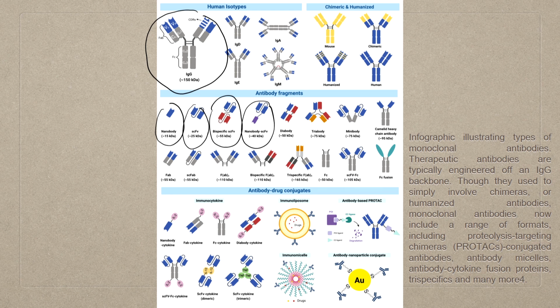This slide will give you an idea what are chimeric and humanized antibodies, human antibodies, chimeric antibodies, like you are integrating mice and a human, you are making chimeras. Then you have tribodies, diabodies, minibodies, camelid heavy chain antibodies, and then you have FAB fragment, scFAB fragment, bispecific FABs.